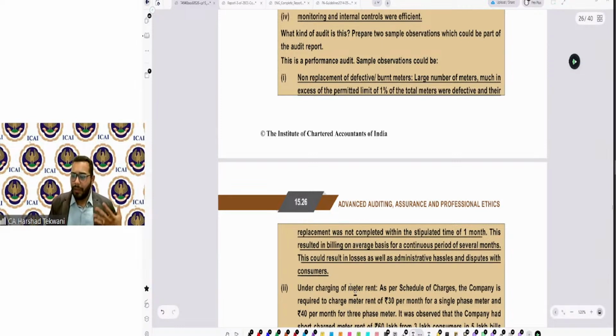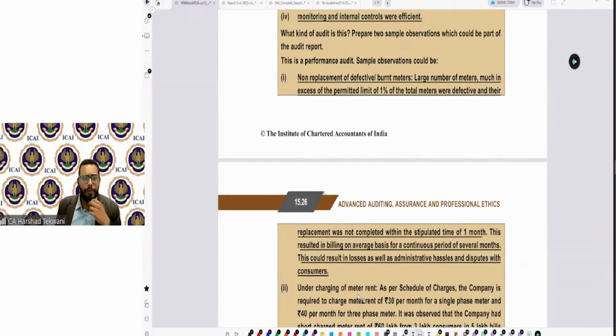Okay. Now, this is an observation given. Can you tell me which category of observation this could be? Whether I classify this for economy, efficiency, or effectiveness. What kind of observation will this be?